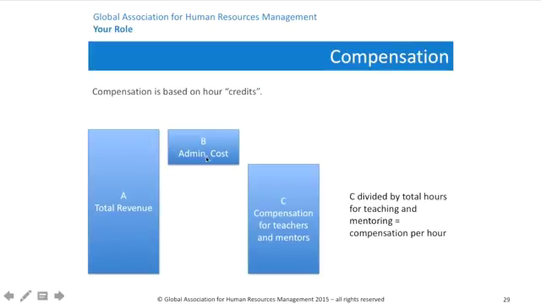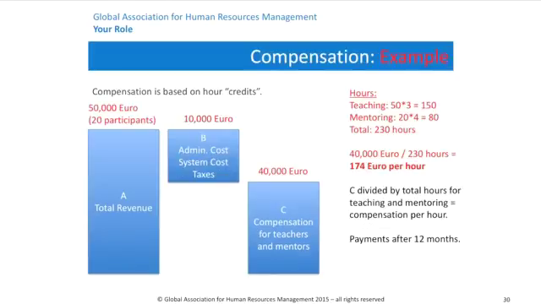That would be the administrative costs, and the rest will be the compensation for you as teachers and or mentors. So let's say we have 20 participants. That would mean 50,000 euro of revenue in a year. There would be 10,000 euro deducted for admin, system costs, and also taxes.